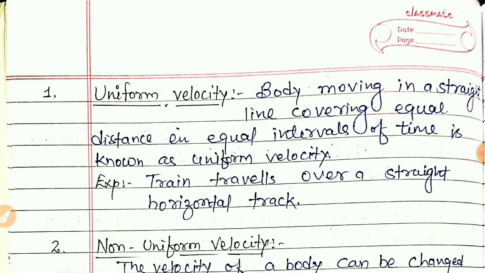When a body moves in a straight line covering equal distances in equal intervals of time, this is known as uniform velocity. For example, a train travels over a straight horizontal track. It covers distances in equal intervals of time.